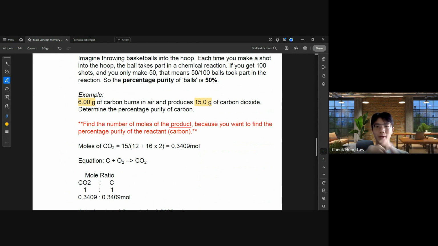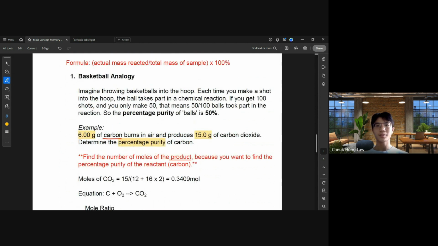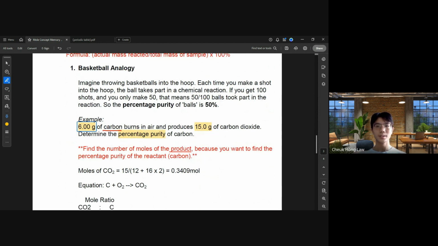Which one will not be accurate? The one with carbon. The one with carbon will not be accurate, because you want to find the percentage purity of carbon, which already tells you that only a certain mass of the carbon took part in the reaction, not all the 6 grams of carbon. So if I use this 6 grams of carbon to find the number of moles, it's pointless.